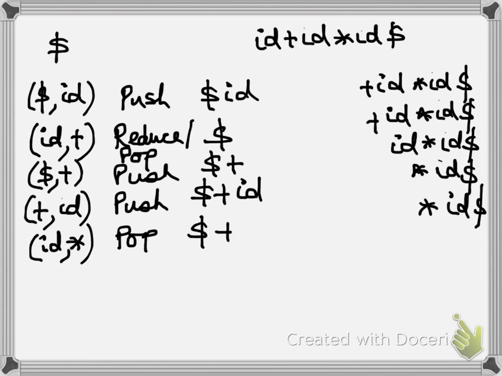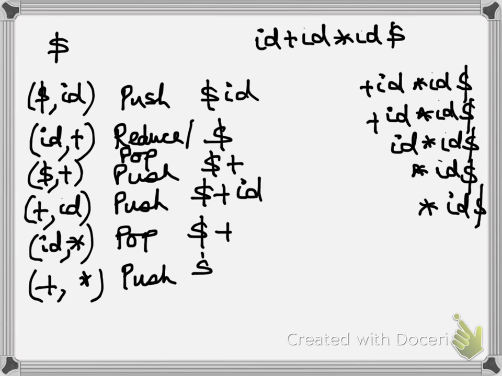Next, now my pair is plus, top of the stack, multiply. So plus is less than multiply. So we are going to push.